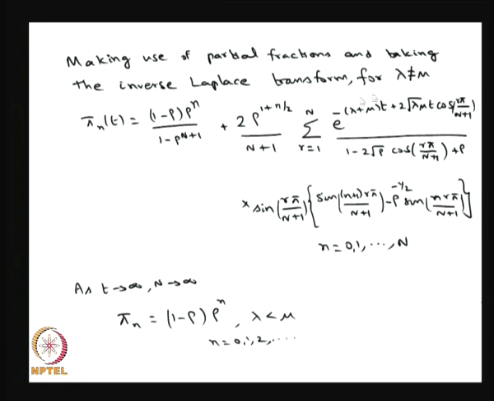For lambda not equal to mu, you will get the steady state or stationary probabilities plus this expression, which is a function of t: e power minus lambda plus mu times t plus 2 times square root of lambda mu times t, cos of r pi by n plus 1, and in the denominator this expression multiplied by this.